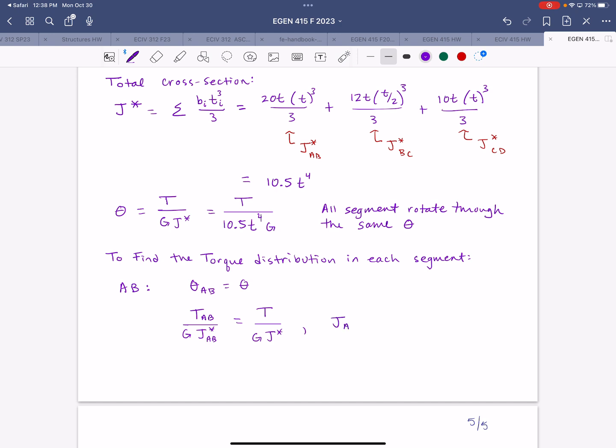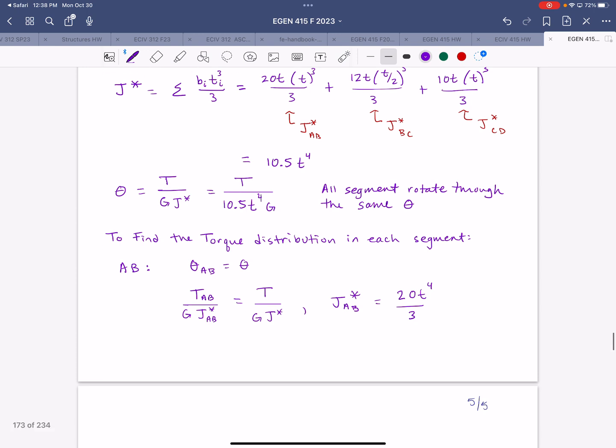We already noted that J star for AB is 20t to the fourth over 3. Plugging that in, we get 3 times torque in AB divided by 20 G lowercase t to the fourth is equal to the total torque divided by 10.5 times G t to the fourth.